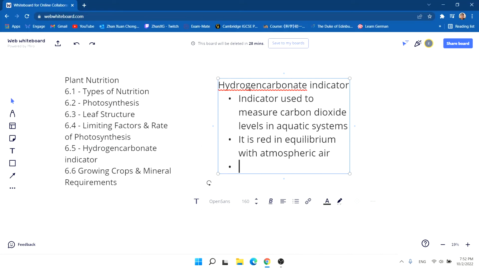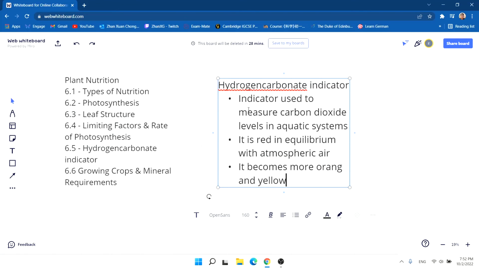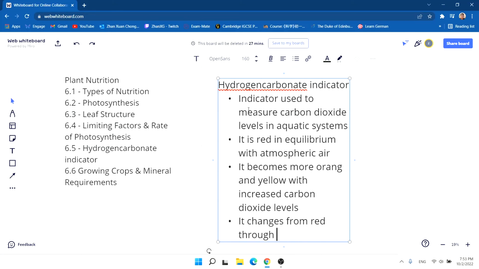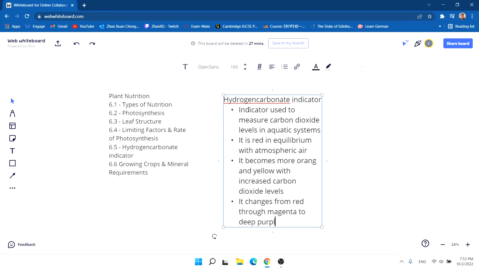And then it becomes more orange and yellow with increased carbon dioxide levels. It also changes from red through magenta to deep purple as carbon dioxide is removed.